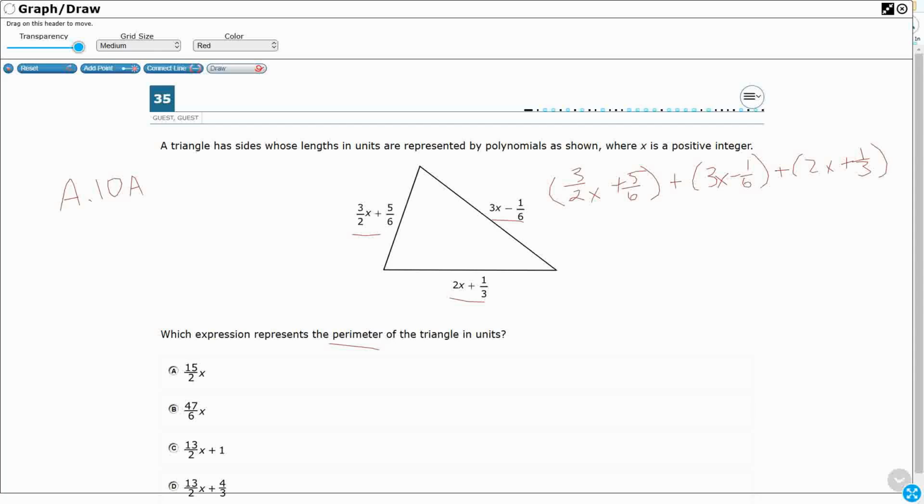So let's take all of our x's and bring them together. So what are we going to have? We're going to have our 3/2 x plus 3x plus 2x. Now let's take our constants, bring them together. 5/6, I've got a minus 1/6, and I've got a plus 1/3.